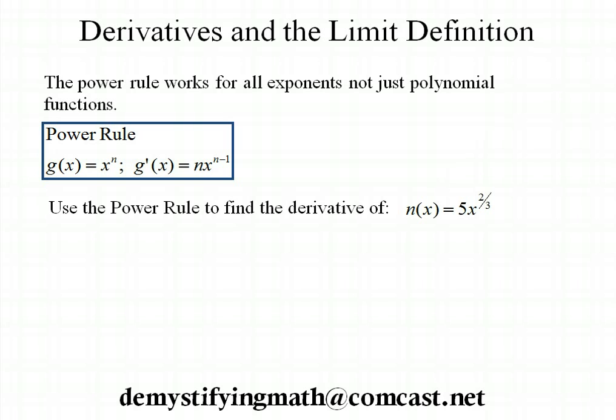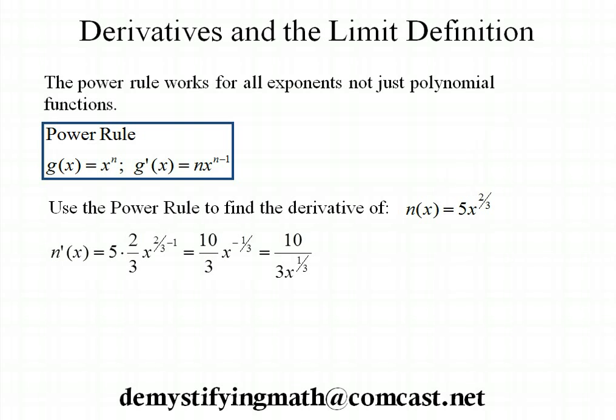Okay, so the power rule works for polynomials as we just saw, but it also works for any exponent that we can have. So looking at this particular example, we have 5x to the 2/3. We're going to follow our power rule to find the derivative. So again, we have a constant multiple of 5.